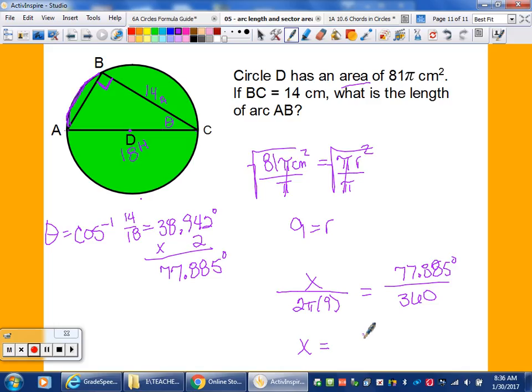So multiply that by 18, divide by 360, I get 3.894 pi centimeters, and that is my final answer.